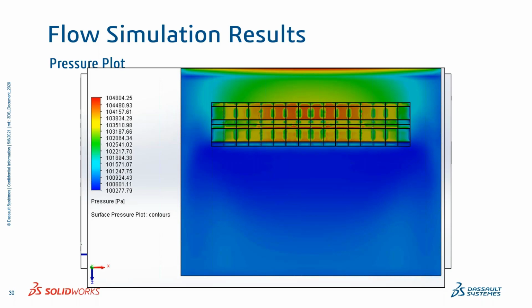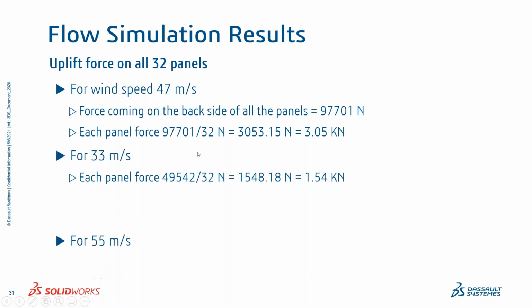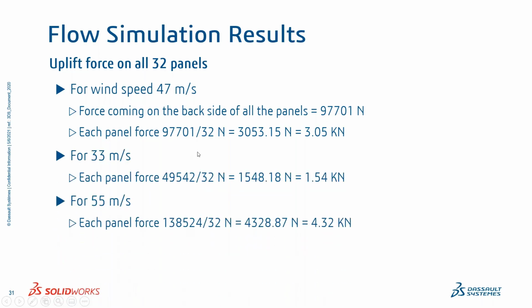And here is the surface plot where you can understand where the maximum pressure is. And we have also seen that with a given wind speed, the total uplift force comes to 97 kilonewton, and as I said, I'm using 32 panels. If I divide it by 32 panels, I'll be able to calculate the total uplift per solar panel by making use of this particular calculation.